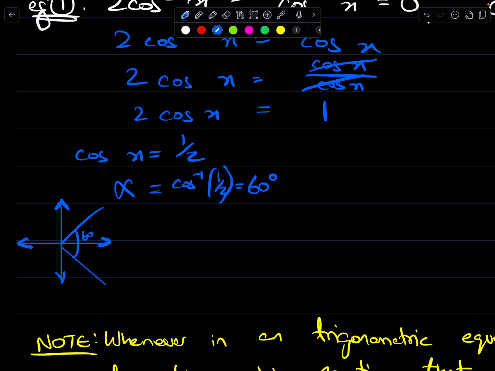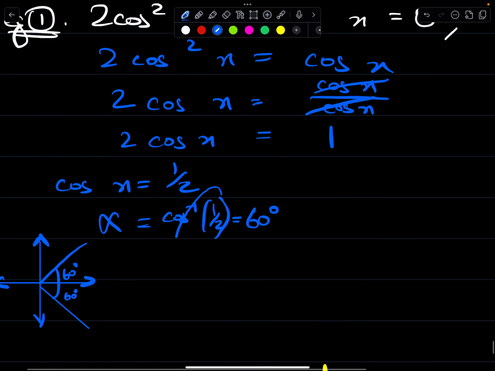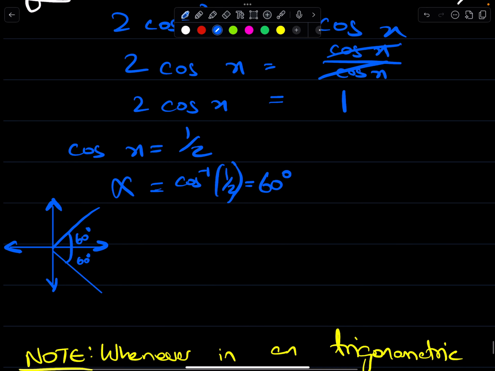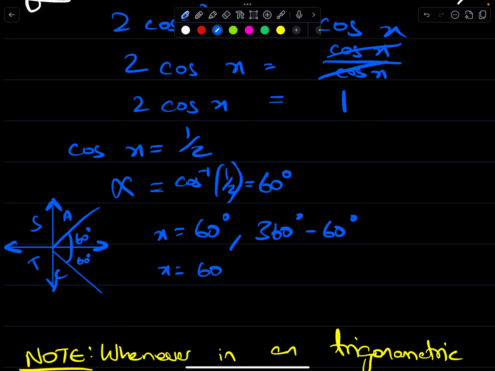So we have 60 degrees here and in the fourth quadrant, because cos is positive in the first and fourth quadrant. ASTC. Thus we have x is equals to 60 degrees and 360 minus 60 degrees. And the solutions for x are 300 degrees and 60 degrees.